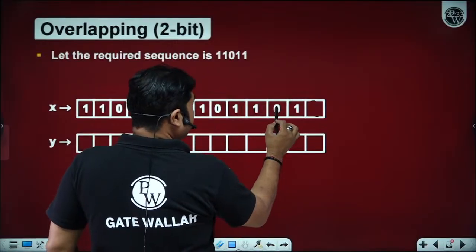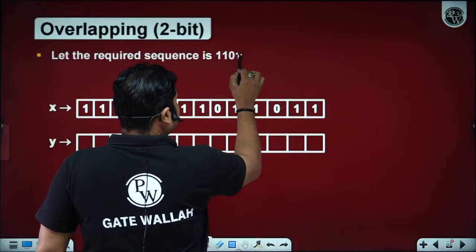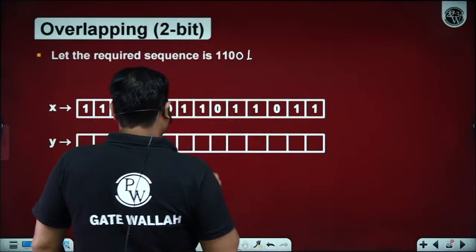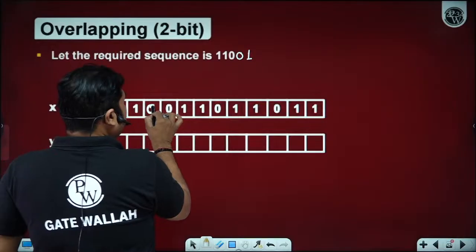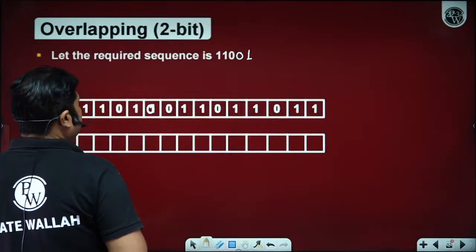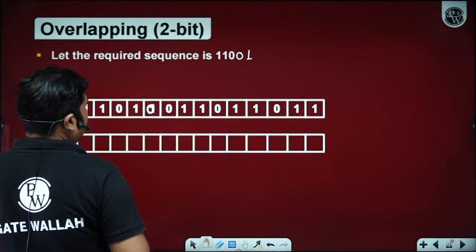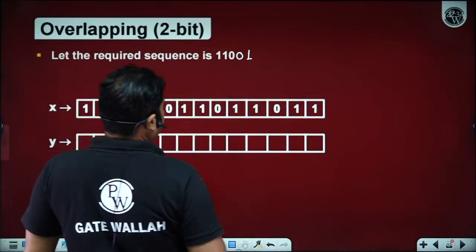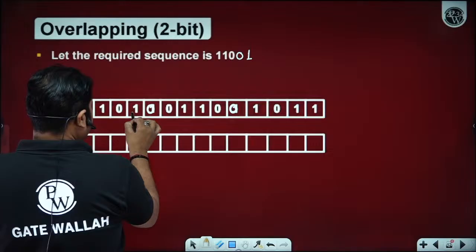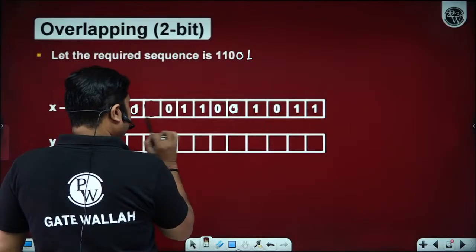Suppose we want to design a 2-bit overlap detector for 1101. Okay, let me modify it a little bit.